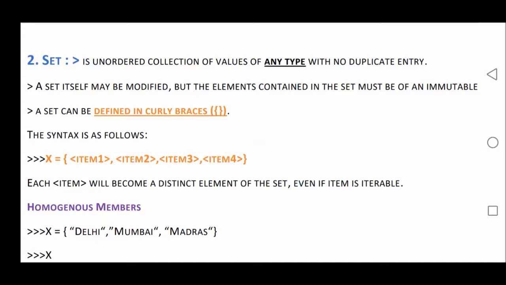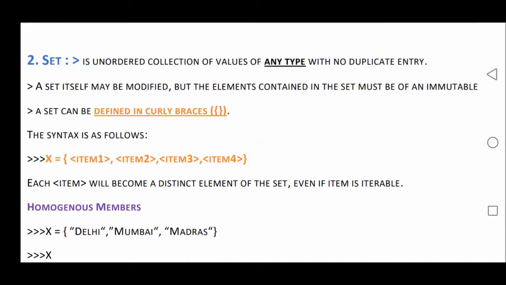They should be immutable ones only. They can be strings, integers, or floats, but they cannot be lists, because lists are mutable and they are not allowed here. So only immutable elements can be in the set, and again there should not be any duplicate members.